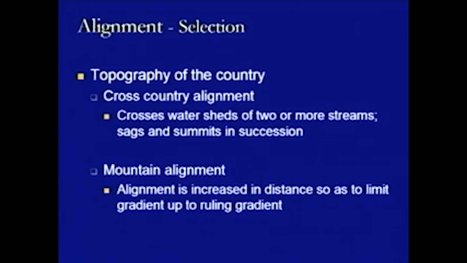Therefore, we have to provide at some locations a steeper gradient than this, but if the rolling gradient is to be maintained, then the length of the alignment will increase. As in the example, if we have to connect a point at the top of a hillock with another point at the foot of the hill, then a circuitous route is to be provided so that it remains within the rolling gradient, but then it increases the length of that alignment.